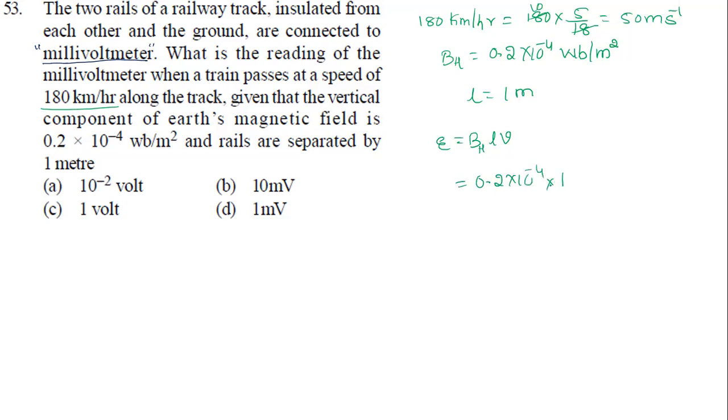Like a conductor rod is going to move, the train is going to move, so the rod moves with a velocity of 50 meter per second.